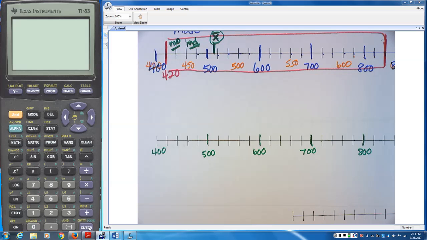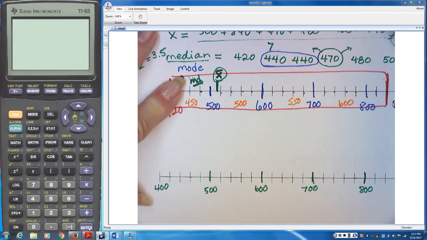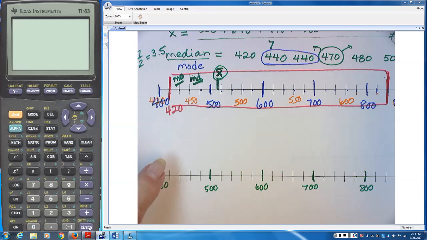And I'm going to redo the mean, median, and mode for the data set, but I'm going to do one thing. I'm going to reroute the data set down here so you can see it.